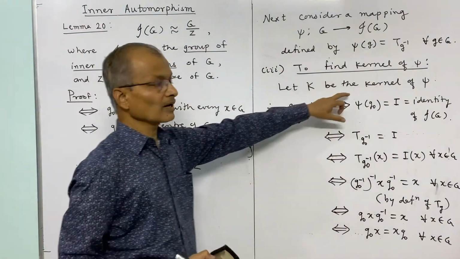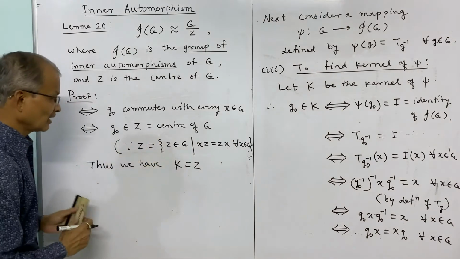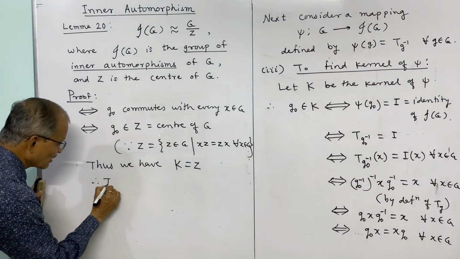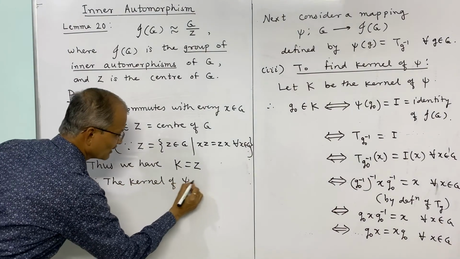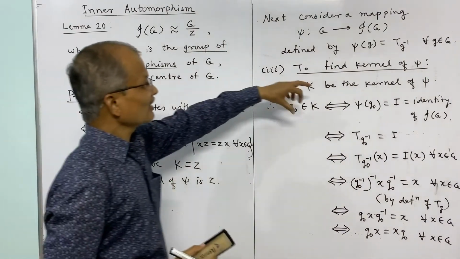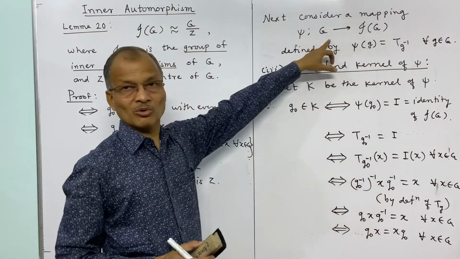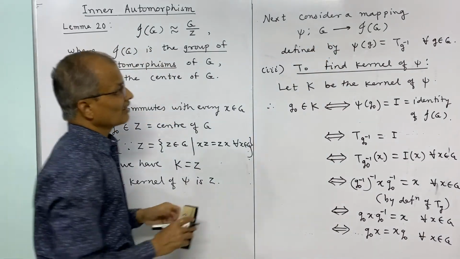K is the kernel of psi, and what is Z? Z is the center of G, and therefore the kernel of psi is Z. Thus psi is an onto homomorphism, we have proved, and its kernel is Z.